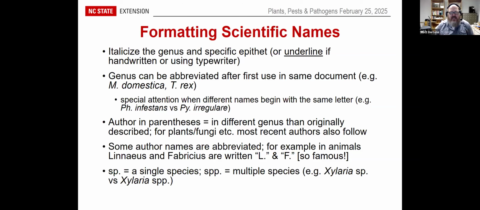So sp. is a single species, spp. is multiple species. For example, Xylaria sp. is an unknown or unidentified species in the genus Xylaria, whereas Xylaria spp. means multiple Xylaria species, such as if you're talking about all the Xylaria species in North Carolina.